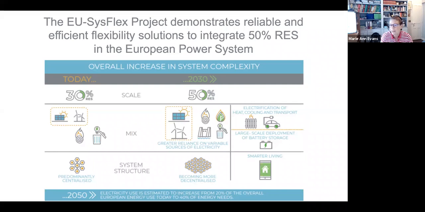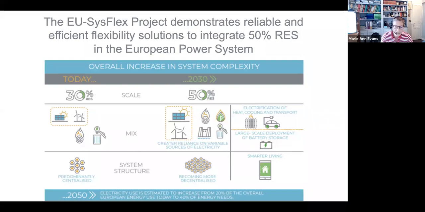For those who attended the webinar yesterday, you saw that we had several scenarios with over 50% RES. In all these scenarios, what we could see is that there will be a greater reliance on variable generation, in particular wind and solar. There will be some changes as well in the demand side, especially in terms of new electric uses, such as electric heating and electric vehicles and transport mobility.